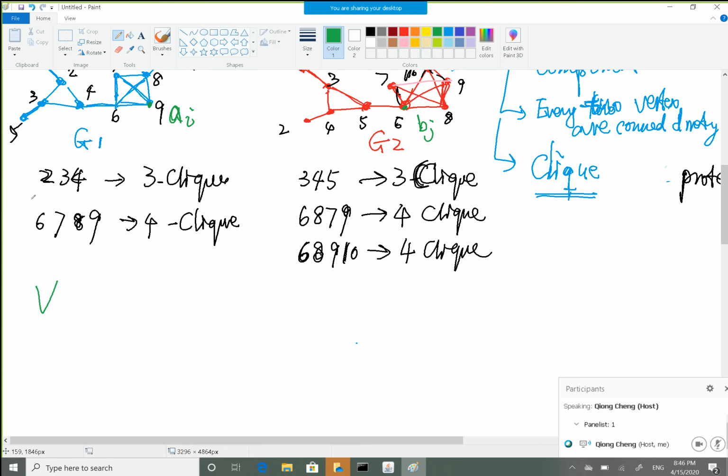For any AI belonging to V1, and this BJ belonging to V2, right?